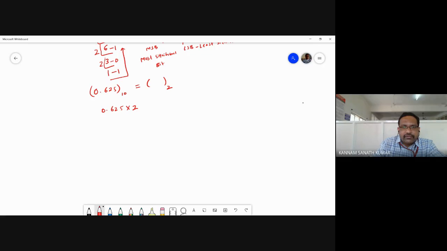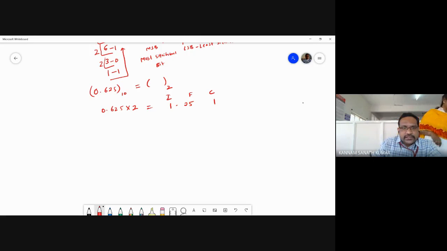What is the radix for binary? 2, no? So if you multiply by 2, you get an integer and a fraction. So this is the coefficient. What you are getting is 1.25. 0.625 into 2 is nothing but 1.25. So what is the integer value you have to take out?